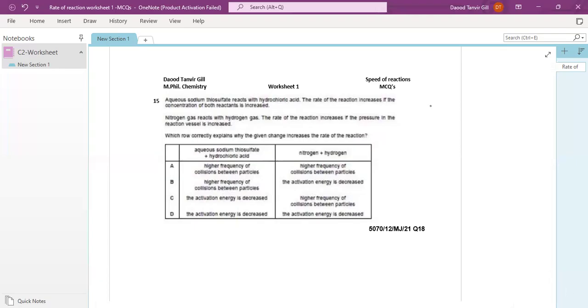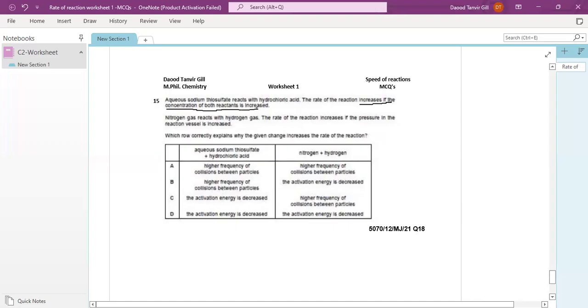In the first reaction, the examiner has increased the concentration of both the reactants, and says that the rate of reaction has increased. Whereas in the second one, the pressure has been increased, and he says that the rate has increased. So we have to explain in terms of the collision theory what would happen.